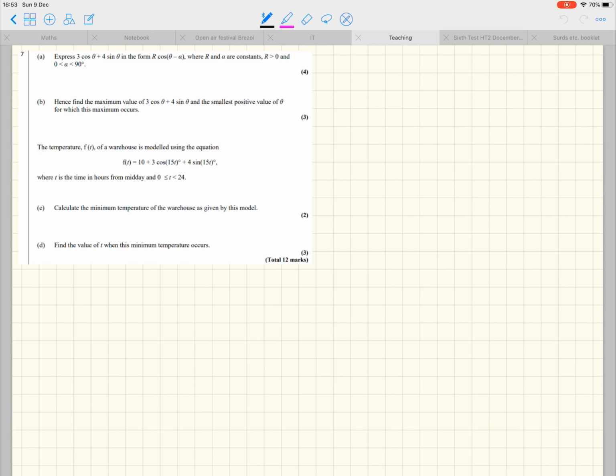So we first need to explore r cos(theta minus alpha).